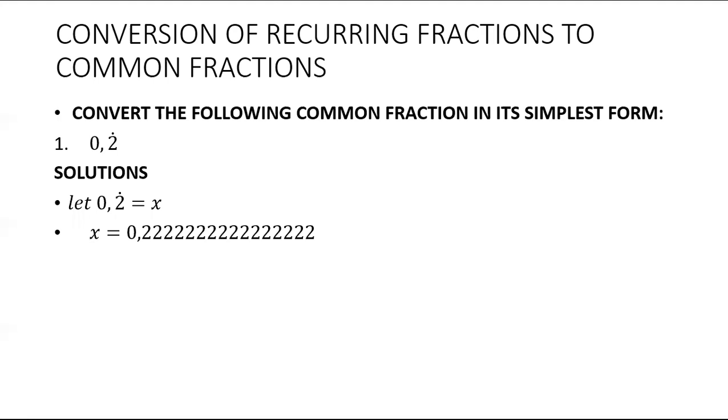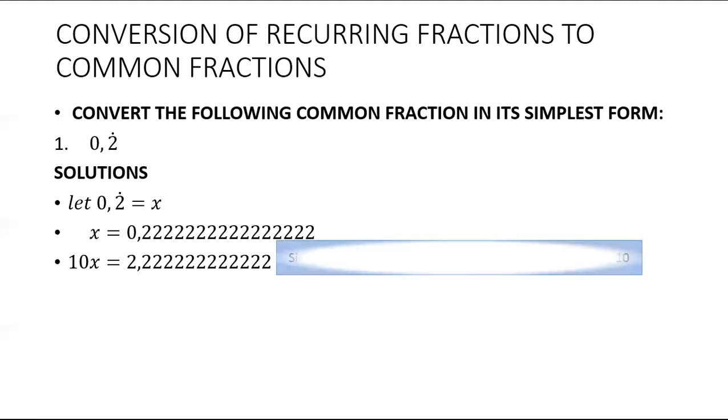So you will multiply the left-hand side by 10, and then multiply the right-hand side by 10. This is just to move one of the recurring decimals to the left of the comma, to a whole number. So this will be 10x is equal to 2,2222.